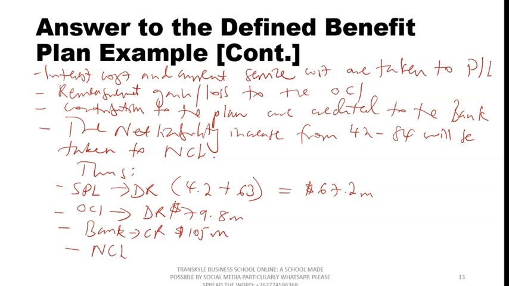Because we said that there has been a movement from 42 to 84, so that increase, obviously the increase in a liability is a credit, which is a movement of 42 million. The difference, that's 42 million, and that's what happened.